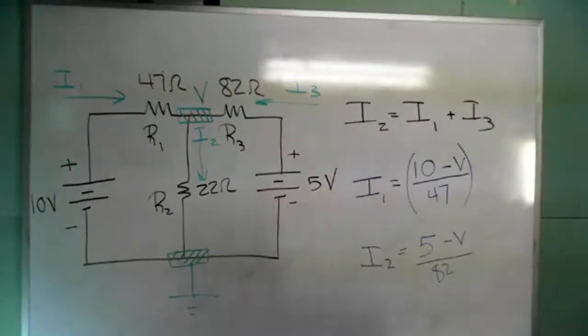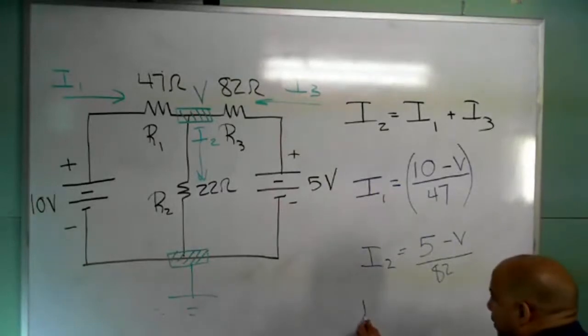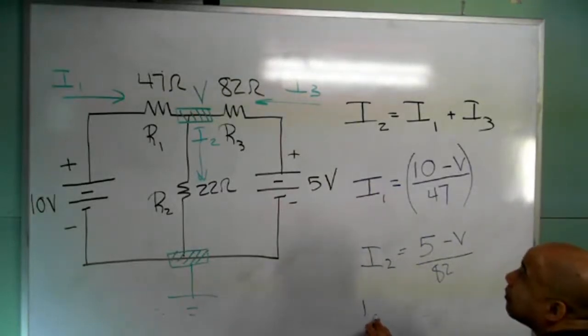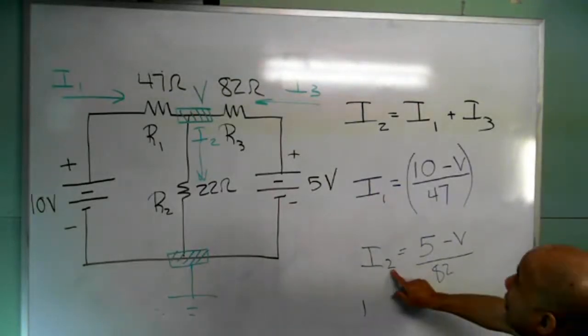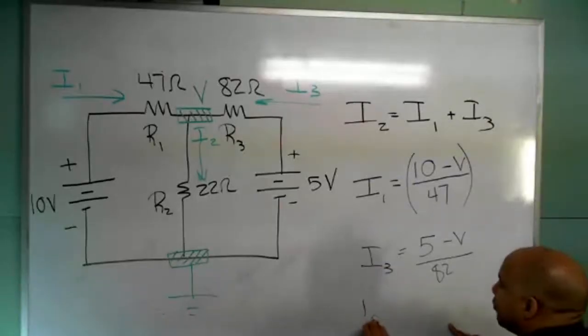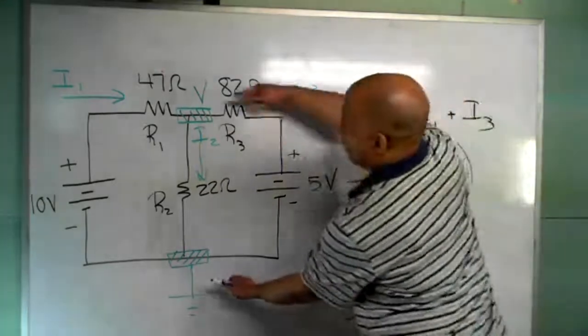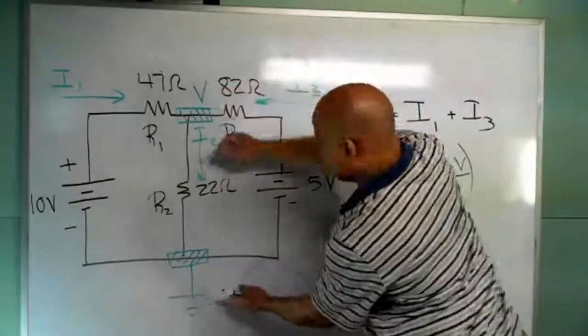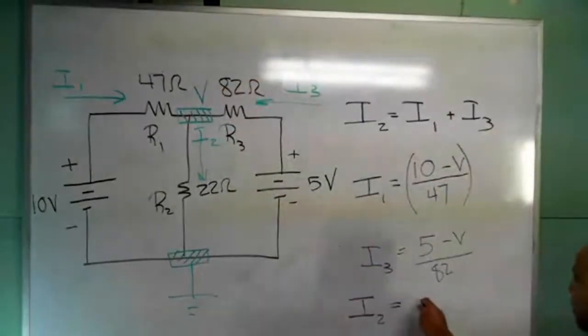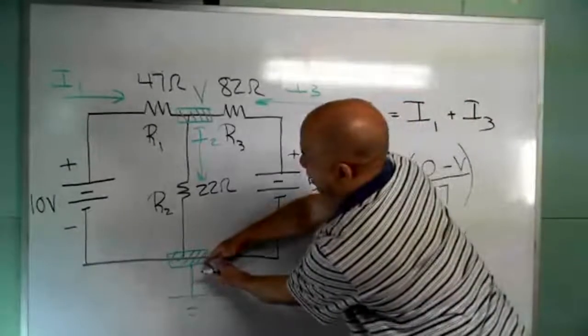And then what about for I3? Well, that is I3. So I3, yep. That is I3. What about for I2? How much is that? On the top here, I'm across V volts, so just V minus, but down here, 0.